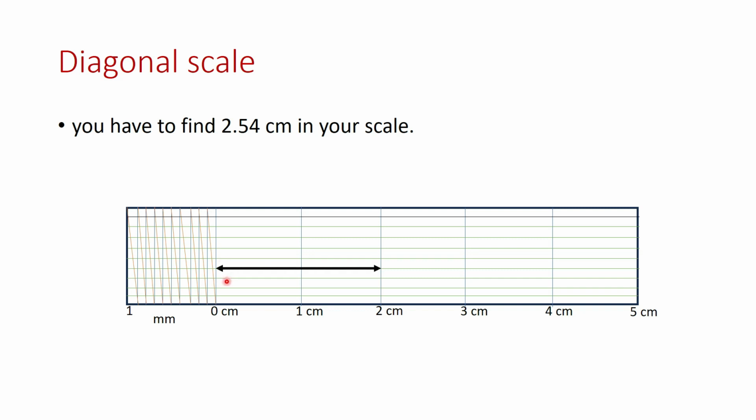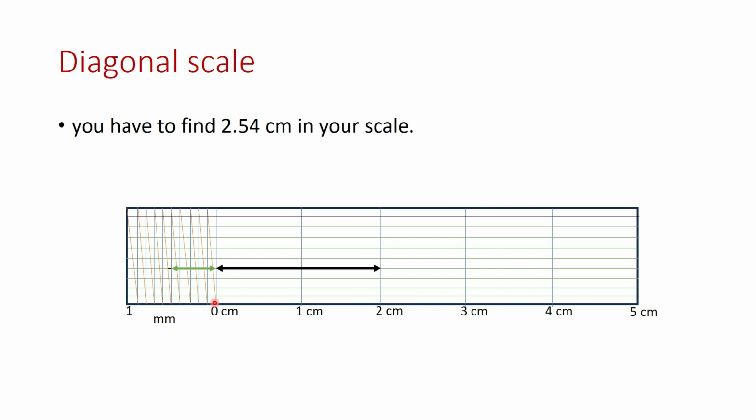Let us suppose here we have to measure 2.54 centimeter. So this is 1 centimeter, this is 2 centimeter, again up to 2.5, 1, 2, 3, 4 and 5. Up to this it is 2.5. Then this small division from this part to this part is 0.04 centimeter. So this will be 2.54 centimeter.